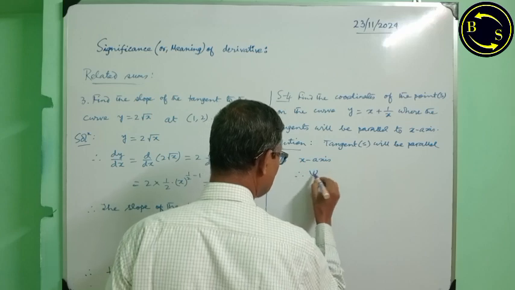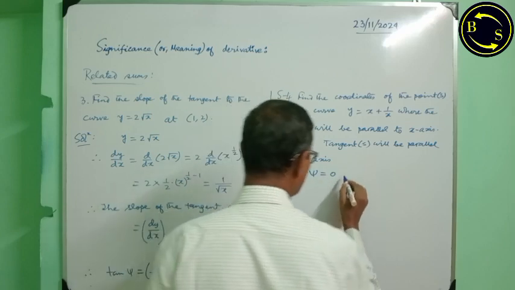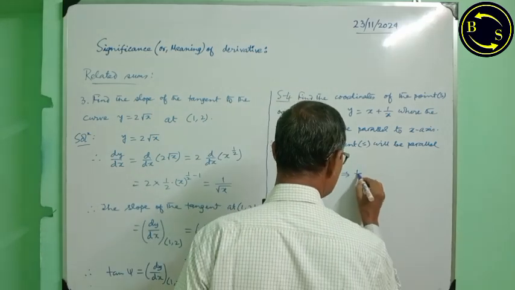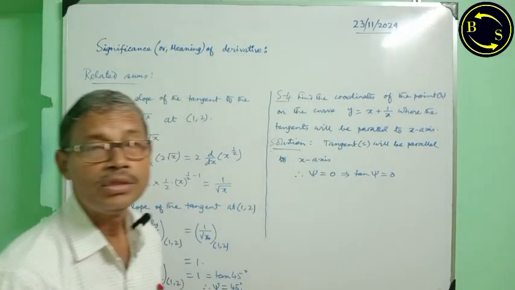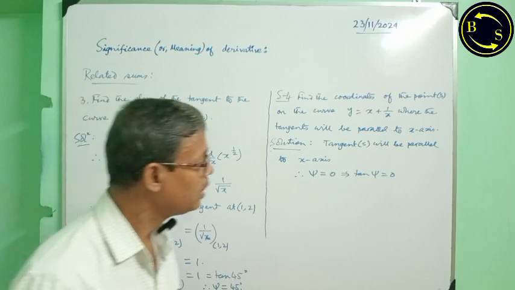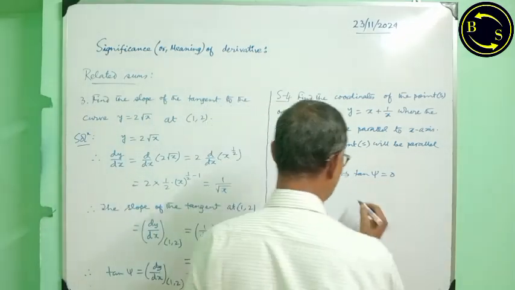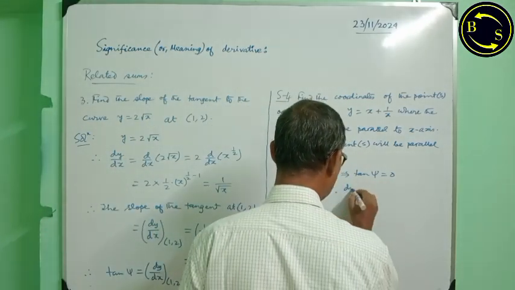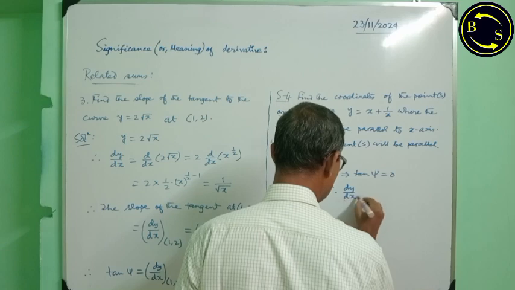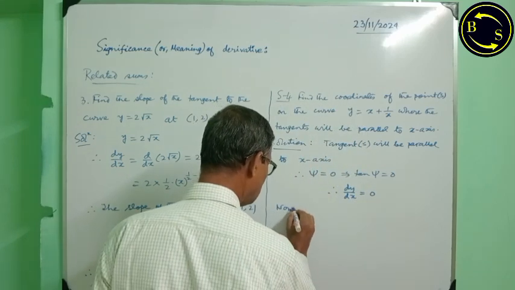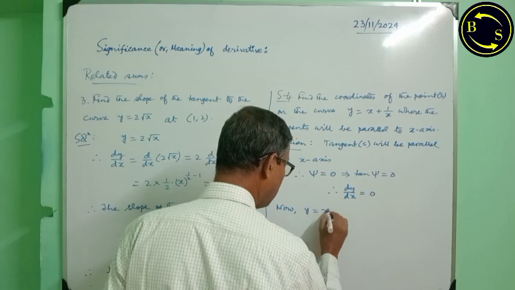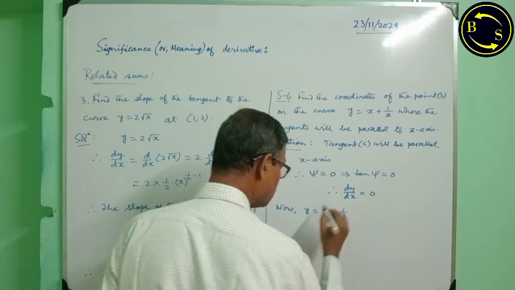Therefore, psi is equal to 0. From that, tan psi is equal to 0. Slope will be 0. Therefore, dy/dx equal to 0. Now, y is equal to x plus 1 by x.